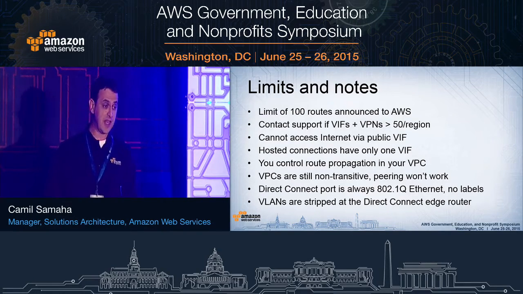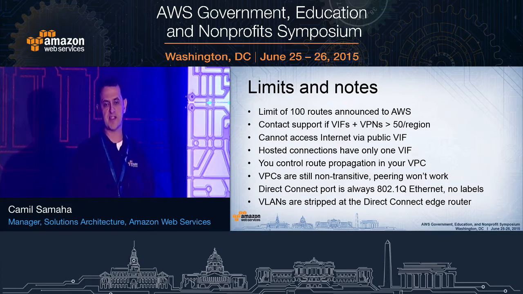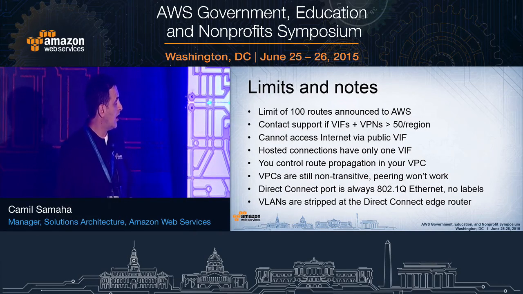And if you do have an MPLS network and you have tags that you utilize in your wide area networks, those don't carry over into the AWS environment. They are stripped at that point, and so the VLAN tags that you assign for your virtual interfaces are just locally significant and only locally significant. Okay?